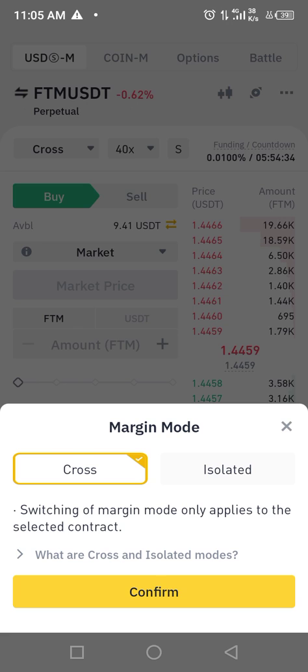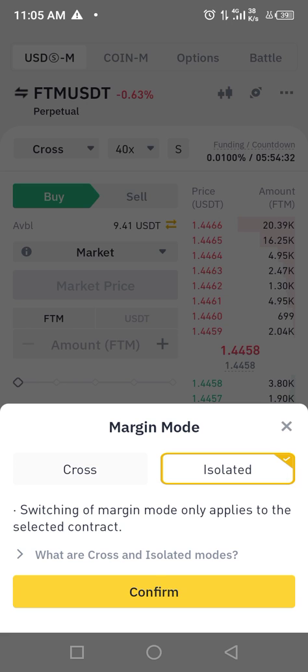While if you select the isolated margin, the margin is always limited to the initial deposit that you use in opening the position. But with cross margin, the position you have opened is using the entire balance of your futures contract. This entire balance is used for calculating your liquidation price, and also for your P&L, profit and loss.